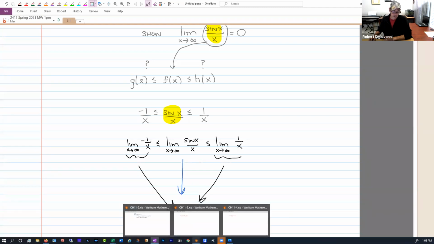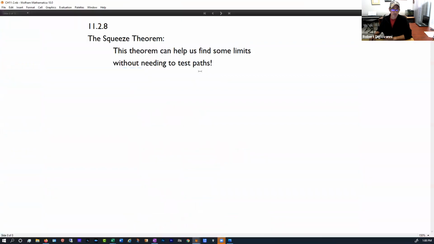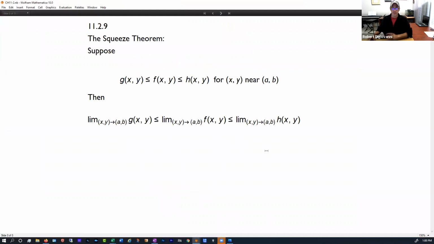Now we're looking at functions of two variables, and we're going to use the squeeze theorem here, all right? So it's very similar to what I just put up here. We have some function. I'm going to put it here in red. This is what we're given, okay? And what we need to do is come up with two other functions of x and y, and we need to squeeze the given function between these two.